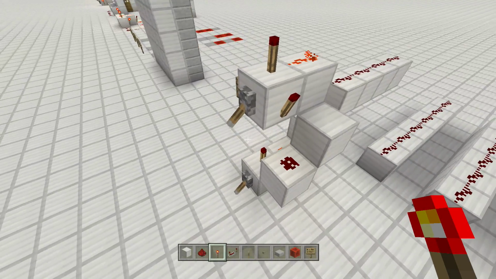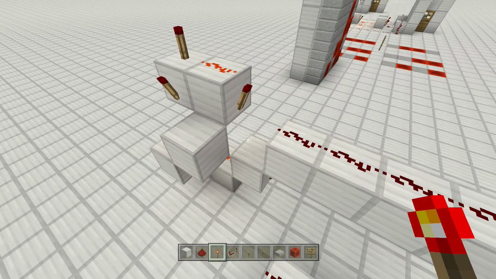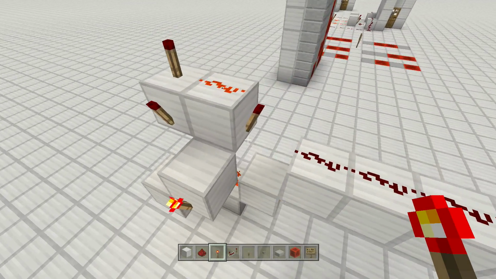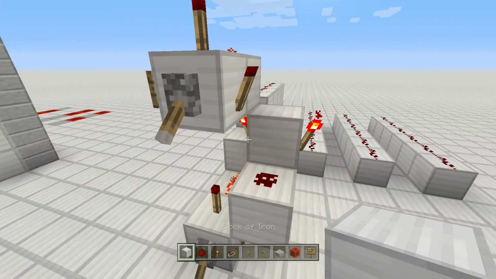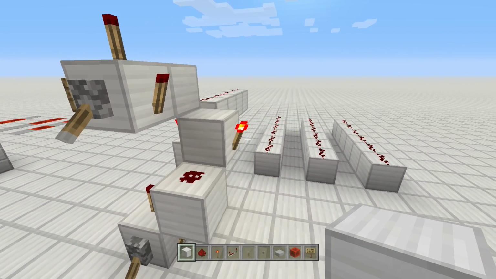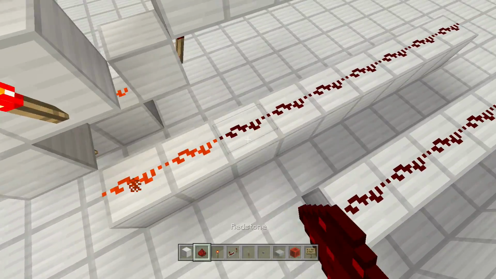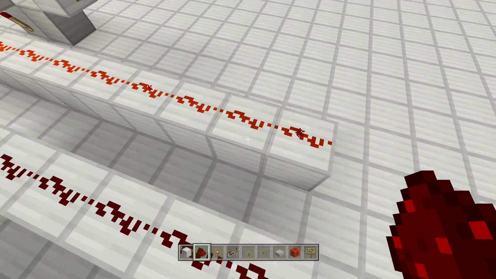Because if both inputs are on, then my AND gate will turn on, and it'll turn on to say that I have a number 2. So, this is my AND gate right here. This torch is the same as this one. It's just not in the same spot. And I'll just connect it to this wire. So right now, this is 2 in binary.